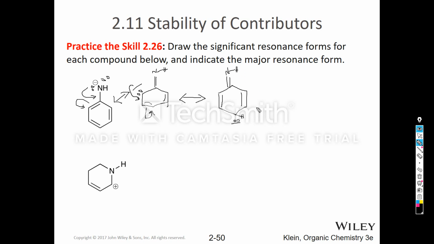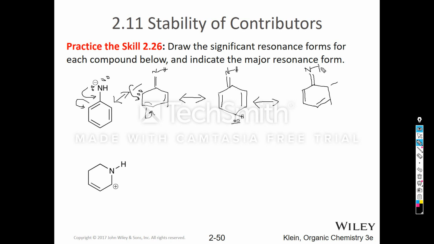Okay, and then the third form you can write is, I'm not going to show arrows, I guess you guys get the point. And then you have your double bond, negative charge here, and you have your nitrogen here.